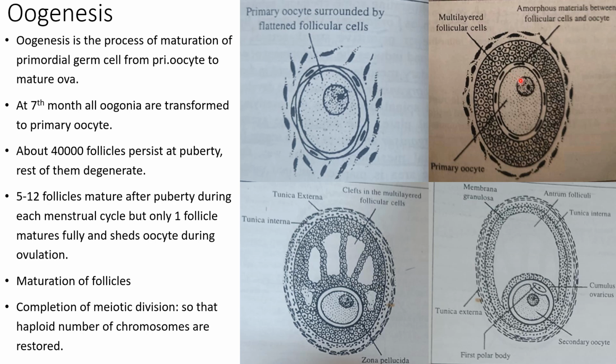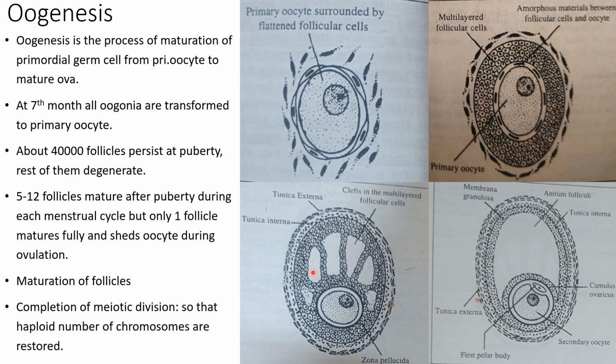So there is the primary oocyte surrounded by zona pellucida, which is surrounded by multi-layered follicular cells, which are surrounded by the stromal cells of the ovary. After this, small fluid-filled cavities will appear in the multi-layered follicular cells.